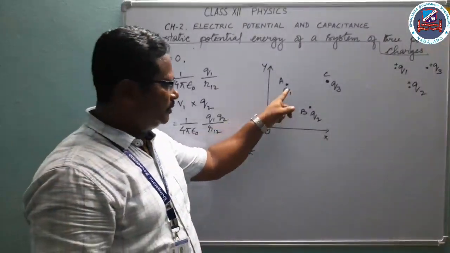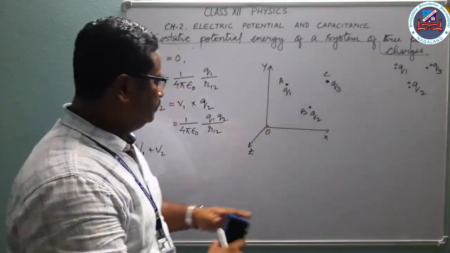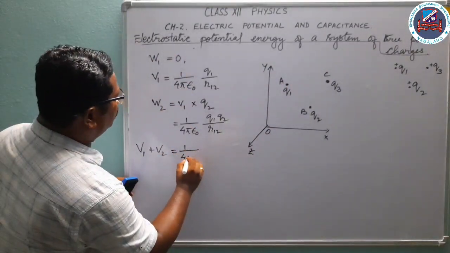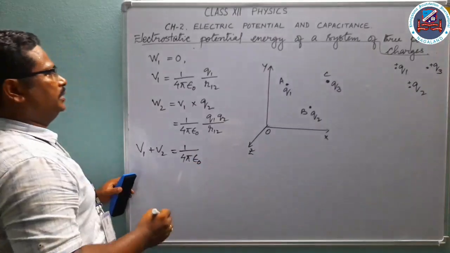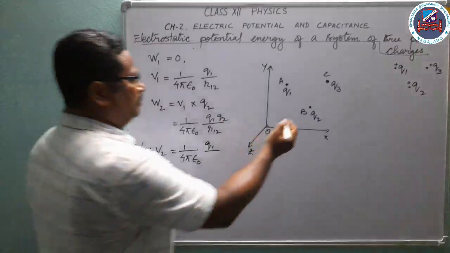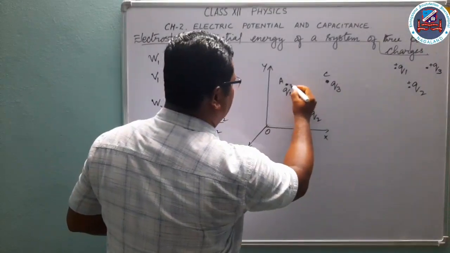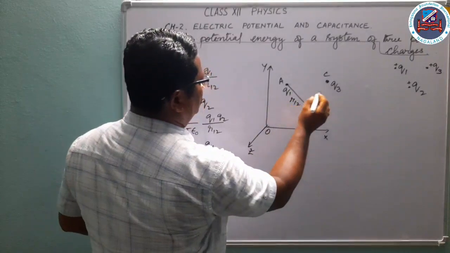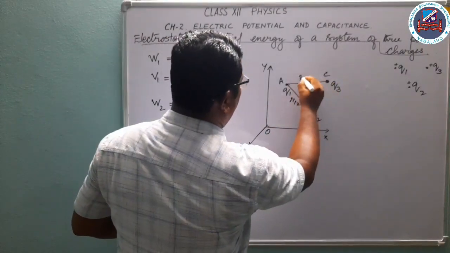V1 is for the first charge developing the potential, that will already be there, 1 by 4 pi epsilon naught Q1 divided by, for this charge, let this distance be R12. Then here let us take the distance as R13.